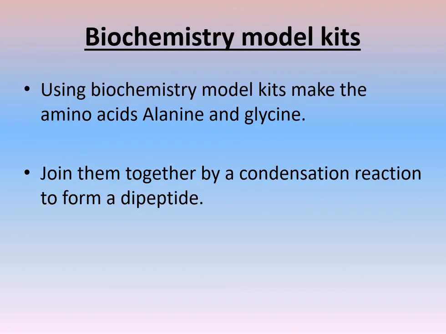So if you did have a biochemistry model kit and you made an alanine and glycine before, what you could now do is join them together by a condensation reaction to form a dipeptide. So you could take the OH off the carboxyl group of alanine and the H off the amine group of glycine, stick them together, and you should have a bond between the C and the N, which is the peptide bond.